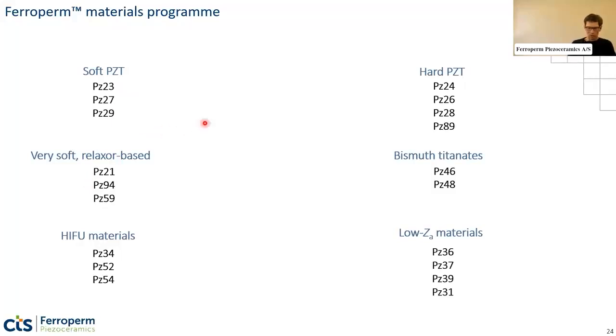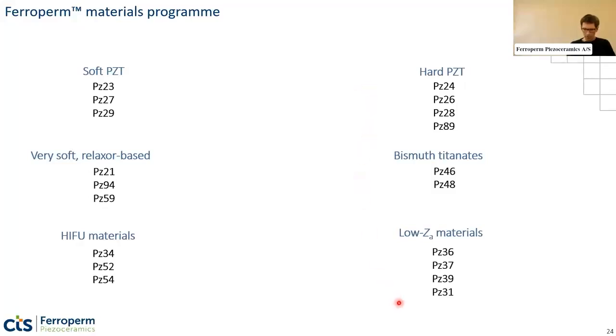So there's a number of different materials in our catalog, and if you look at the CTS website, you'll find even more different materials, and you'll hopefully be able to find exactly the material that matches your application.